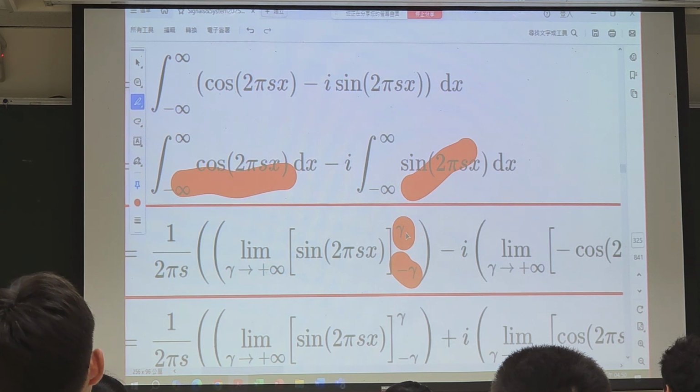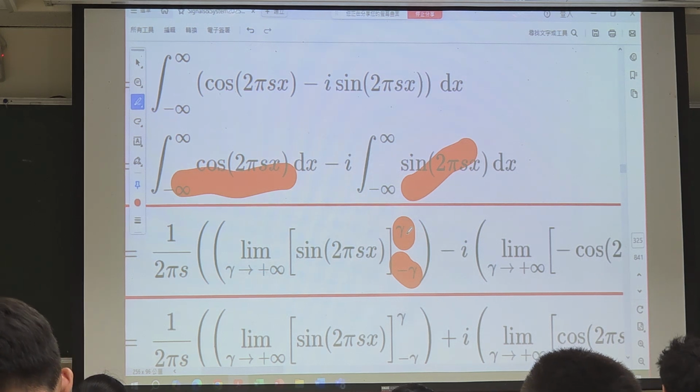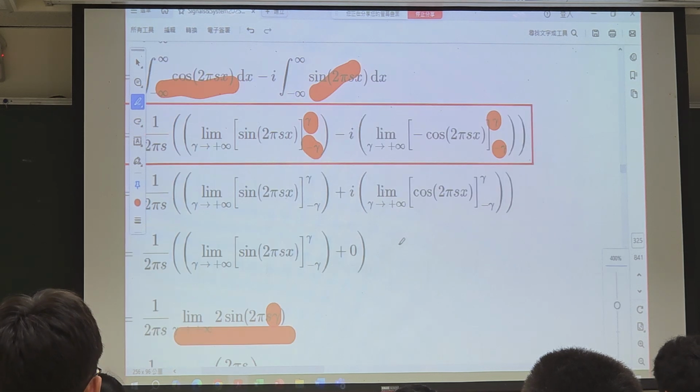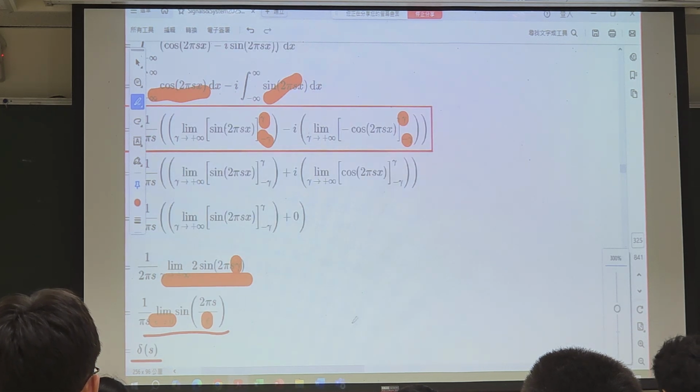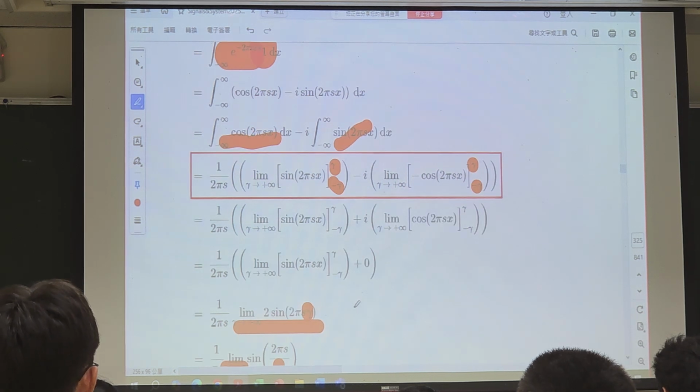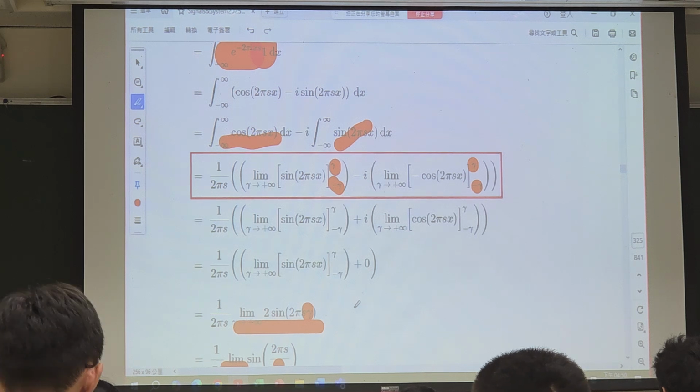If they are not symmetric, we cannot reach this kind of conclusion as well. All right, so now we have shown that the Fourier transform of the constant value 1 is equal to the delta function. And actually, if you use our notation, there's another 1 over pi in front of it.